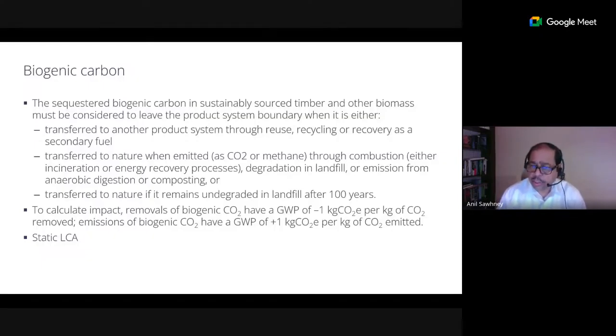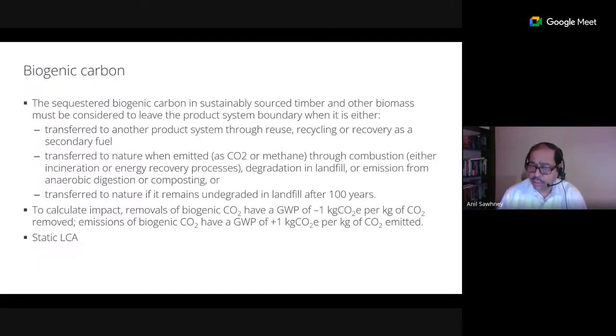And any other biomass must be considered to leave the product system boundary when it is either transferred to another product system through reuse, recycling, or recovery as a secondary fuel, or transferred to nature when emitted through combustion. So maybe it gets incinerated, thrown into landfill, or composted, or goes to anaerobic digestion.